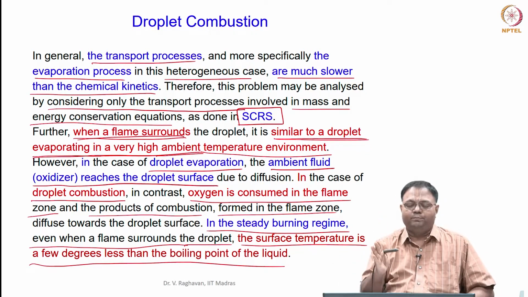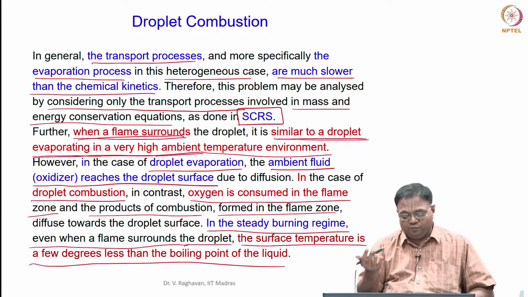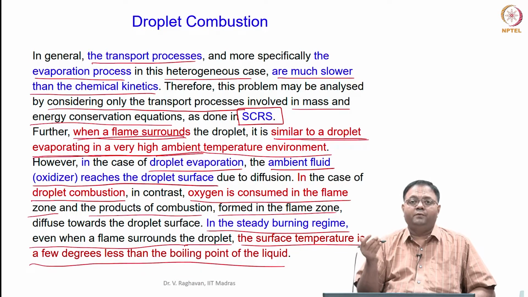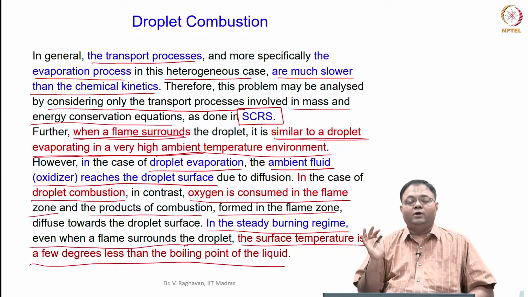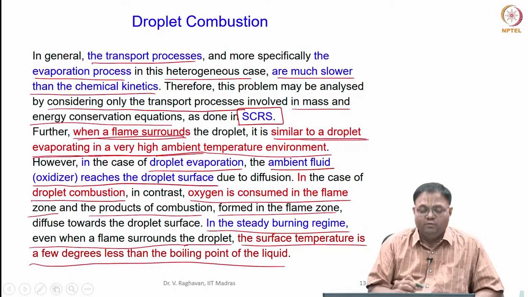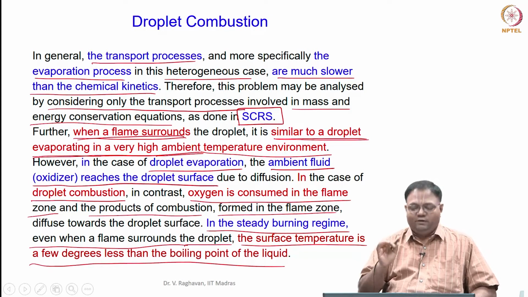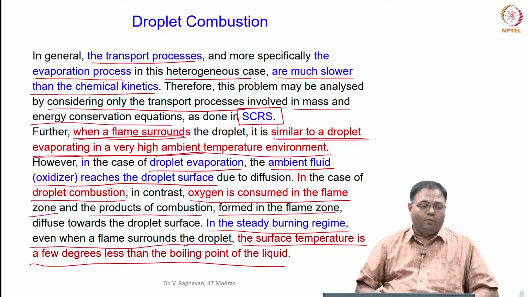The flame temperature will have the influence. If equilibrium burning prevails due to steady burning, then the surface temperature Ts will be a few degrees less than the boiling point. This is the characteristic of droplet combustion.